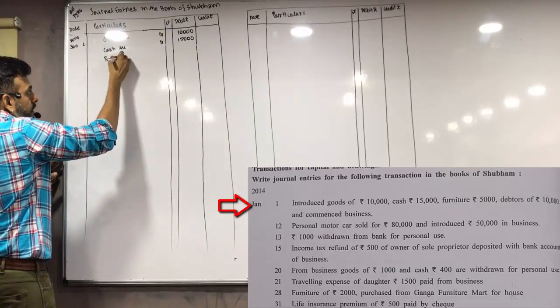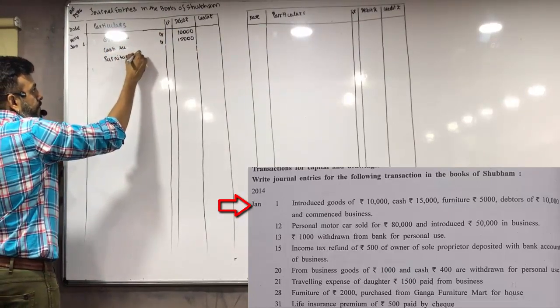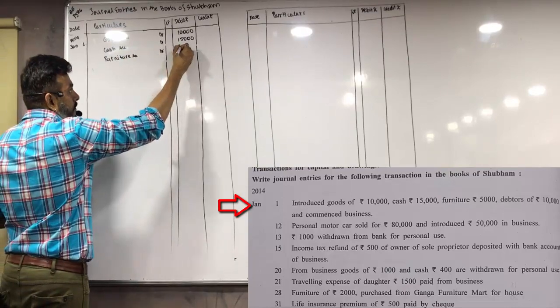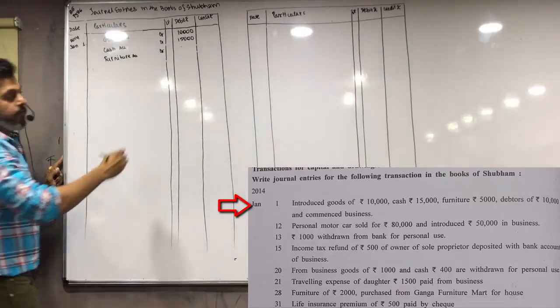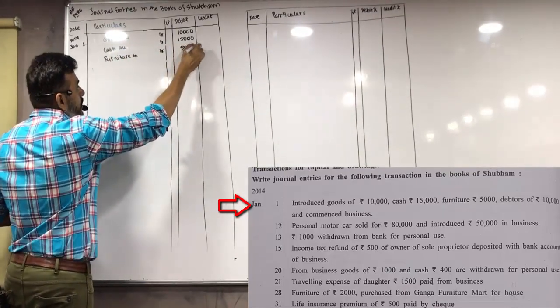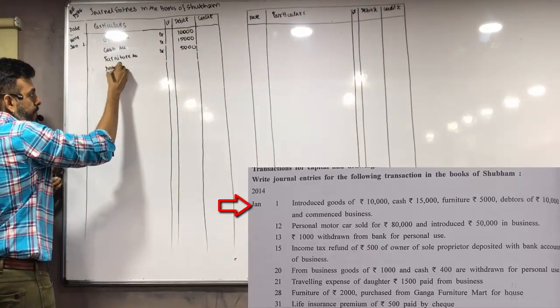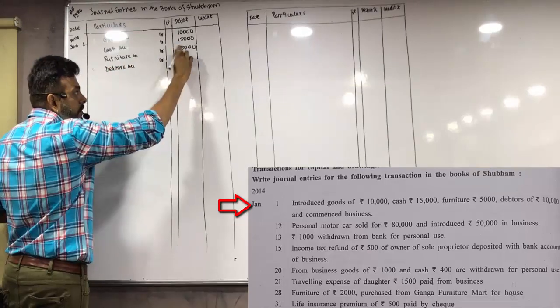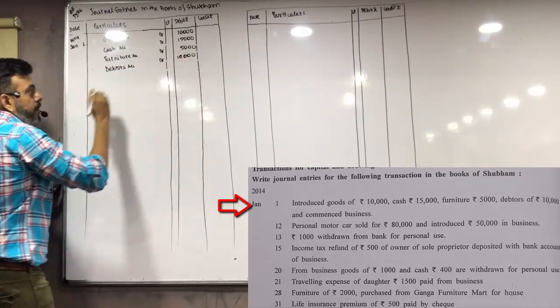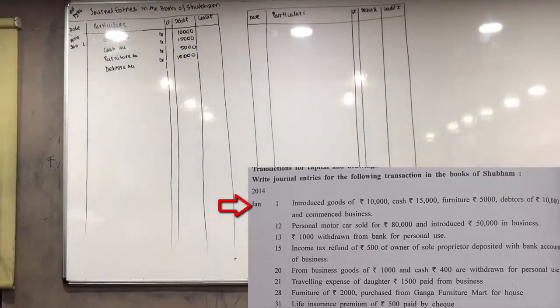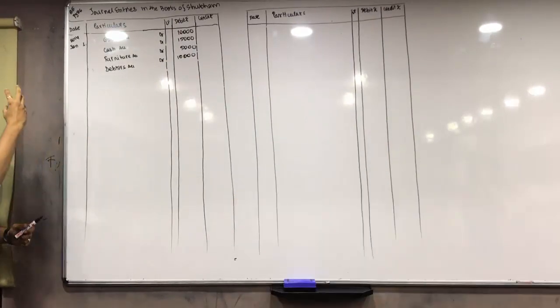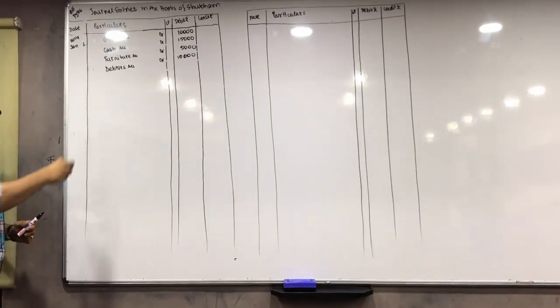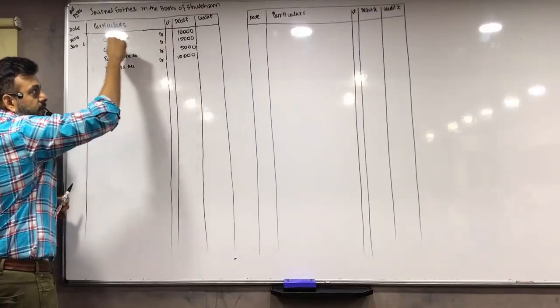Furniture comes in, furniture account debit 5,000. Debtors account debit 10,000.